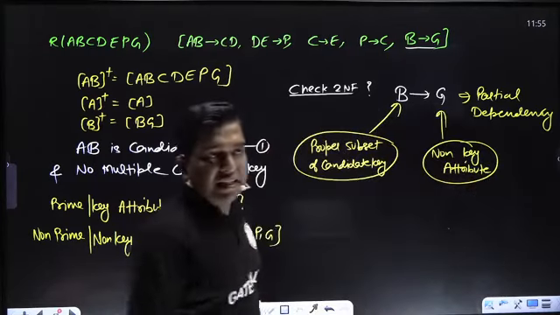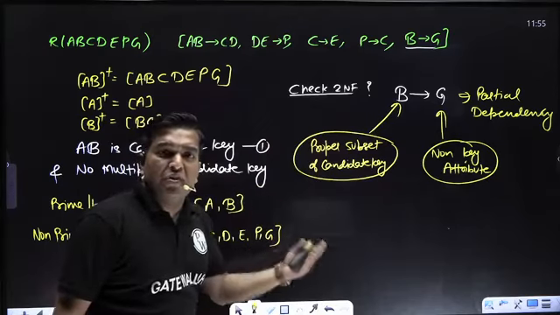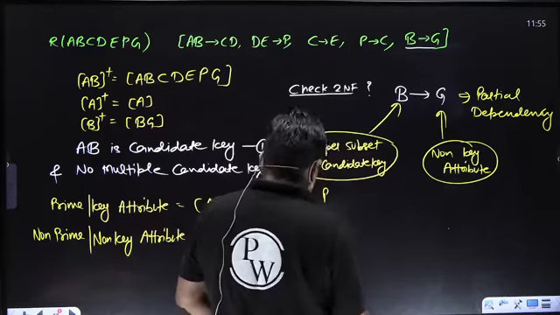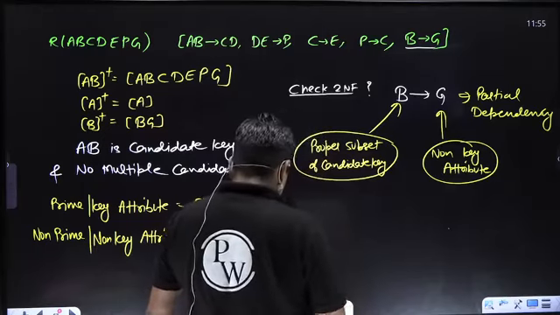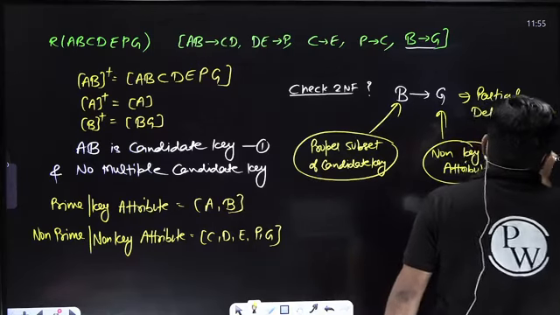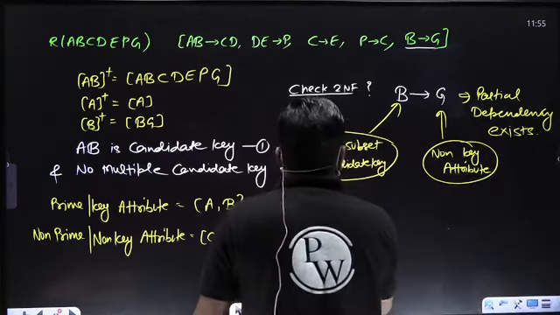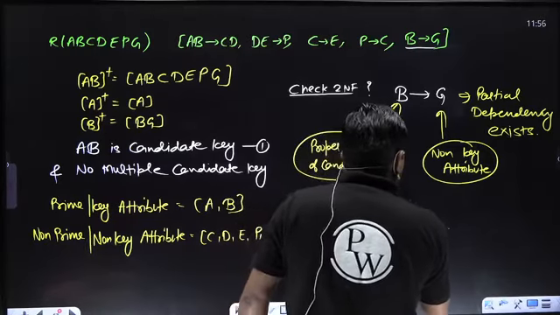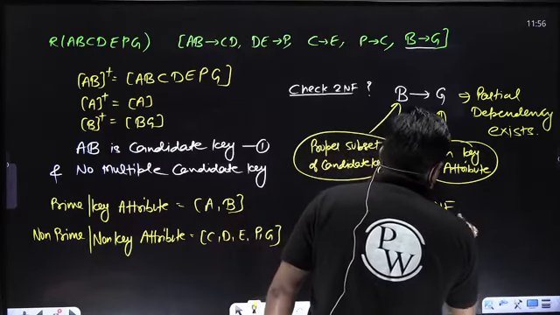Partial dependency exists, so you can say it is not in 2NF. Partial dependency exists, so you can say R is not in second normal form, my dear.